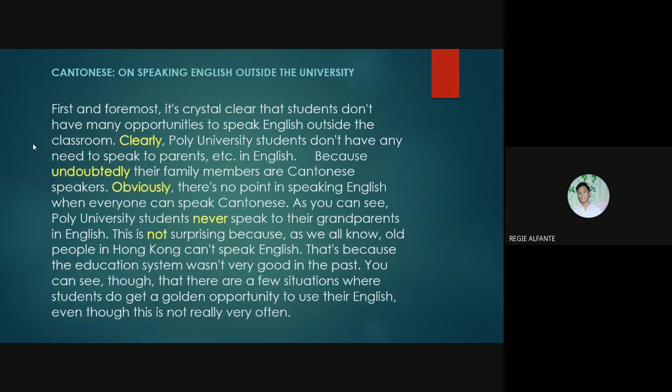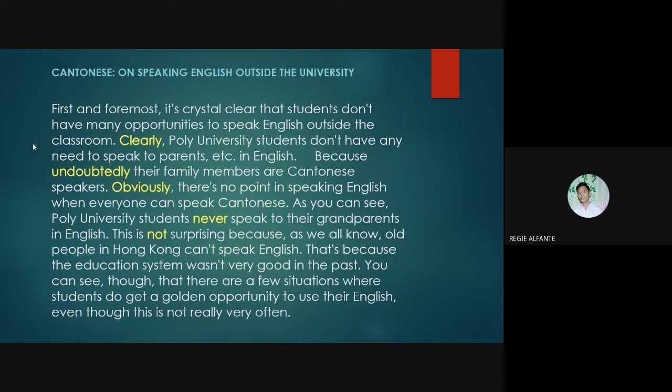So here is another example of an argumentative essay that consists of adverbs of negation and affirmation. We have here Cantonese speaking outside the university. So we're going to read: first and foremost, it is crystal clear that students do not have many opportunities to speak English outside the classroom.